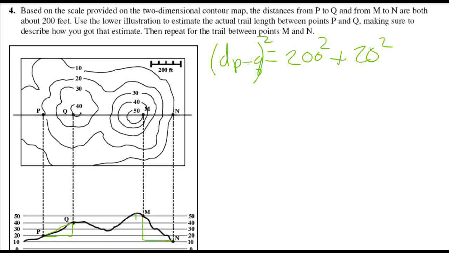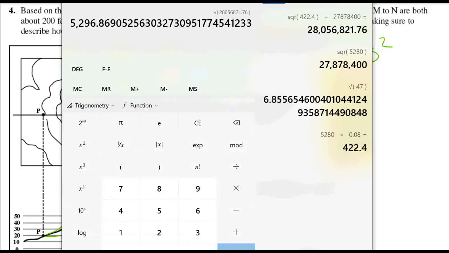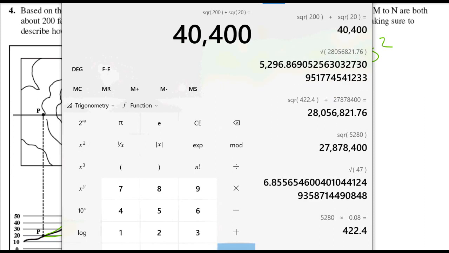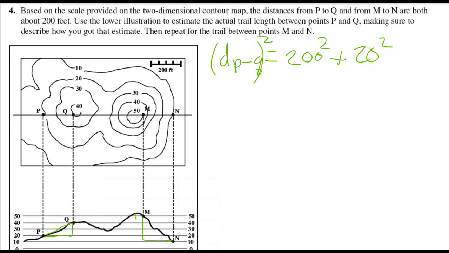So we can actually use the Pythagorean theorem to calculate that value. So 200 squared plus 20 squared equals 40,400. So the distance from P to Q squared equals 40,400.